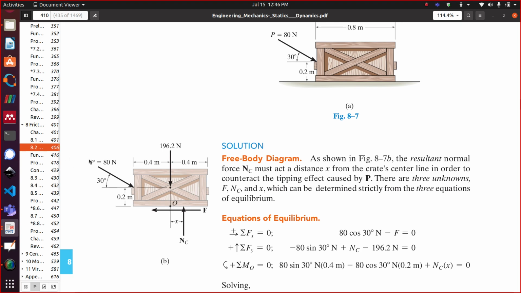But when you also have a second external force in some arbitrary direction, and an object has a certain size, this becomes complicated. So let's assume that the normal force acts at a point x distance from O.